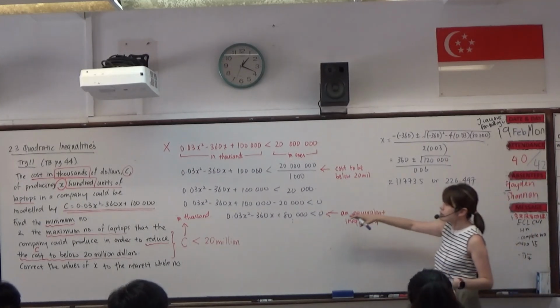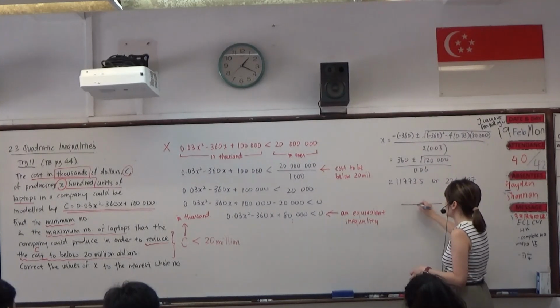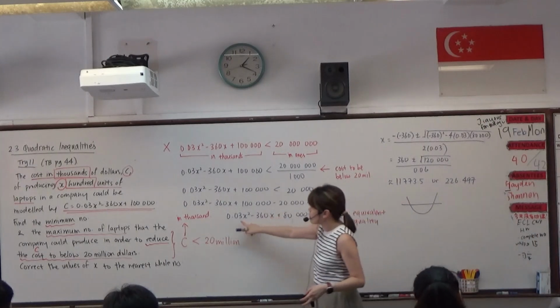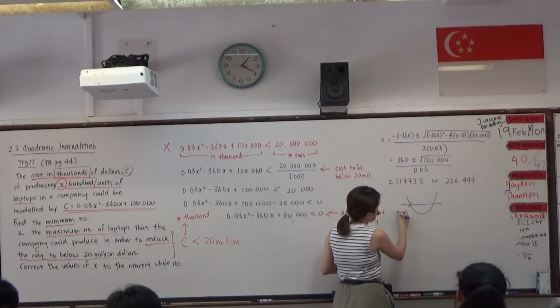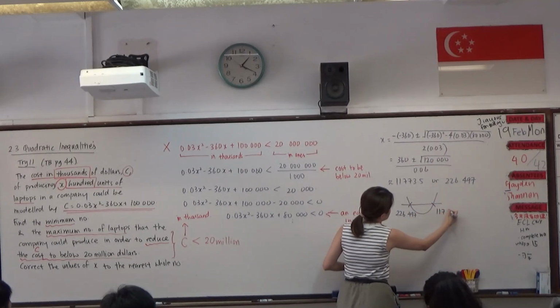So what is the purpose of us doing this process? Don't forget we're trying to solve a quadratic inequality. The purpose of us doing this is so that we can go back to our graph, which is a happy face graph, because the coefficient of x squared is positive. Then we can see that down here will be 206.497 and down here 11773.5.